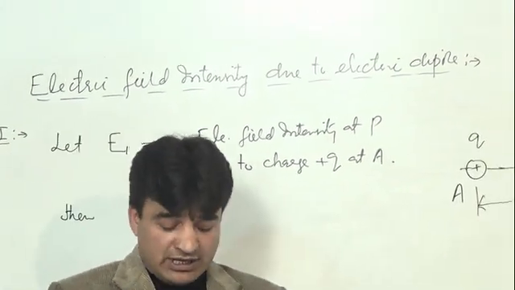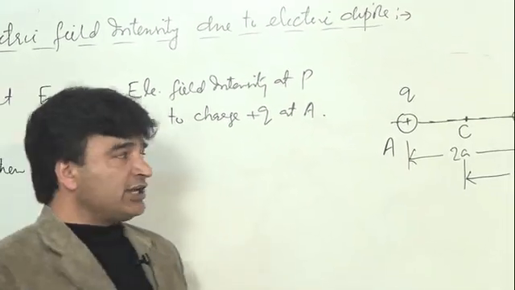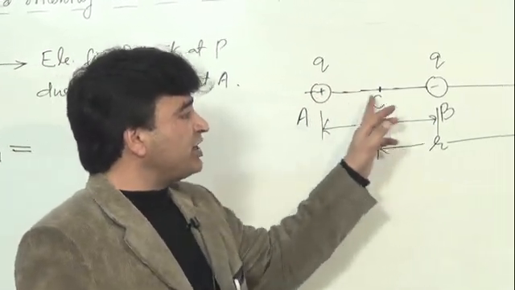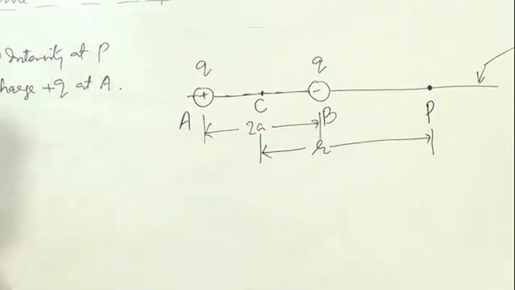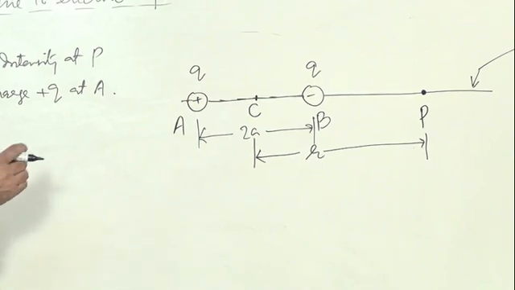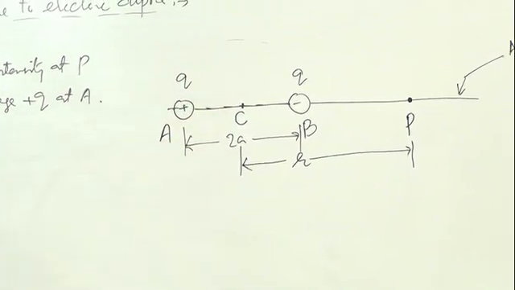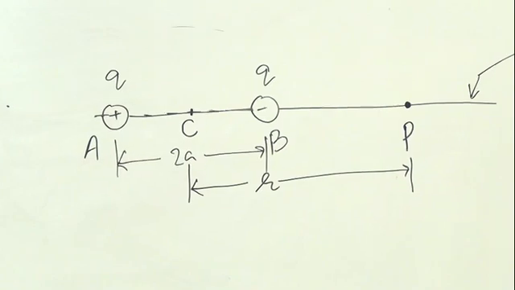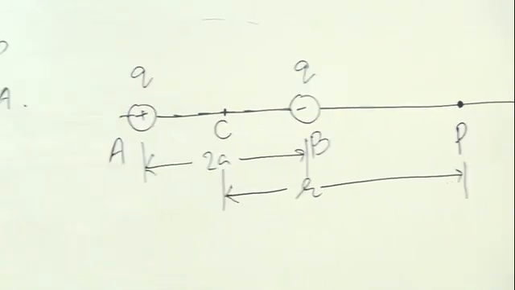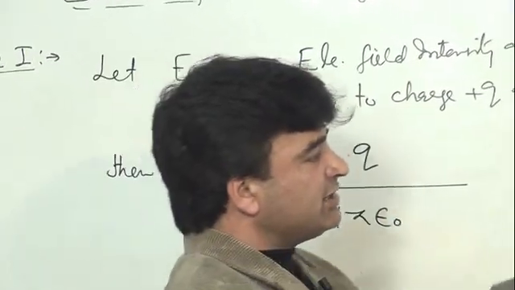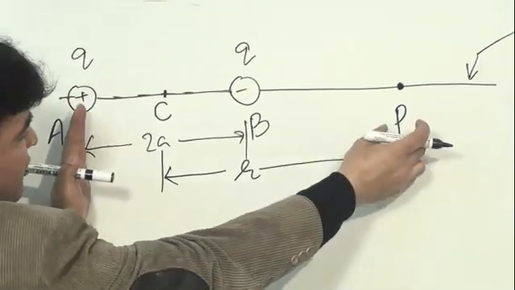we have to use the same expression as we have done earlier, the electric field due to a point charge at point P, which is equal to, how much is the point charge here? Q divided by 4 pi epsilon naught. How much is the distance between the point charge and the point P?